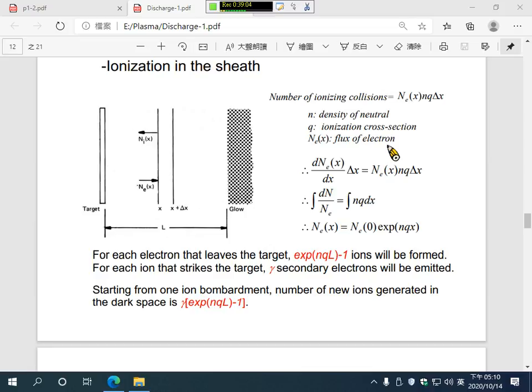So if you pick an X value here, a cross section, right? When the electron passes this cross section, and if you can measure the energy or velocity of the electron, you can find out the energy of the electron should be the same.